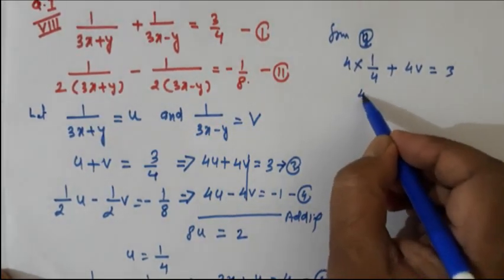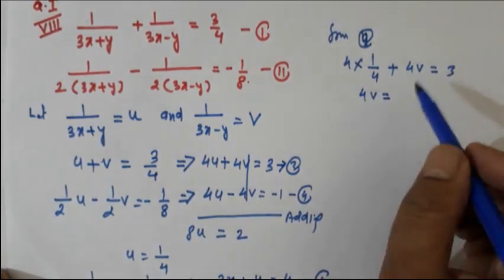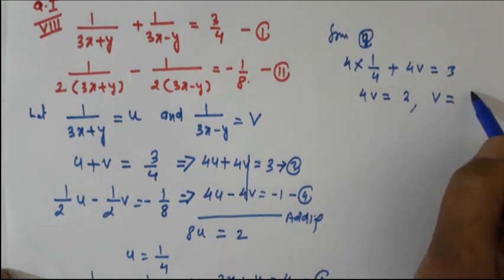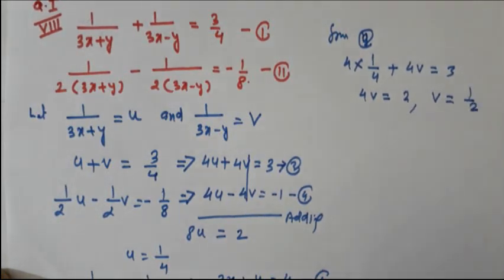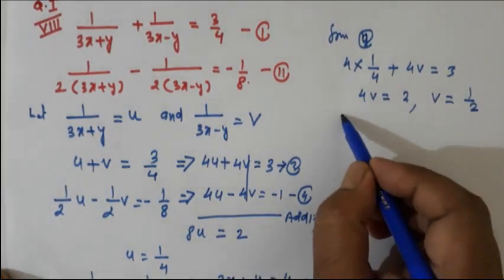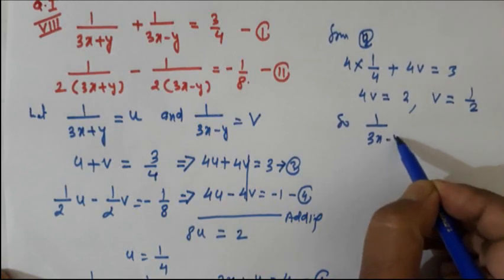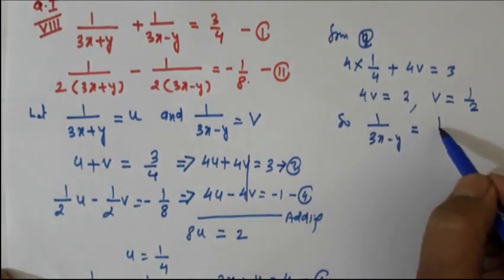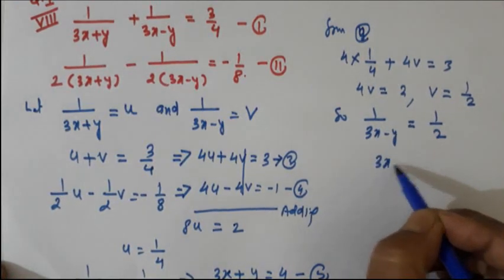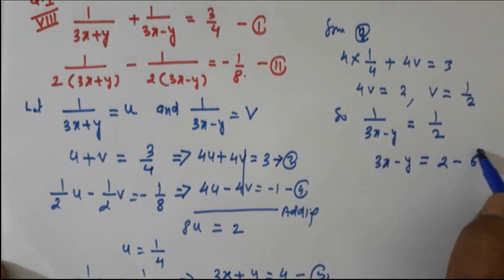Then 4v is equal to, ये 1 आएगा, 3 minus 1 that is 2, and v is equal to 2 upon 4 that is 1 upon 2. तो v equal to 1 upon 2 है. We suppose this one, so you can write 1 upon 3x minus y is equal to 1 upon 2. After comparing, you can write 3x minus y is equal to 2, and let this is equation number 6.